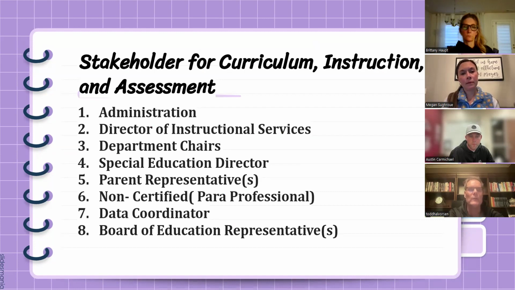At the middle school level, maybe team representatives. Then obviously a special education director, maybe parent representatives, non-certified staff with a paraprofessional. If there's a data coordinator, that's always good to have as part of all those conversations. And then a Board of Education representative.